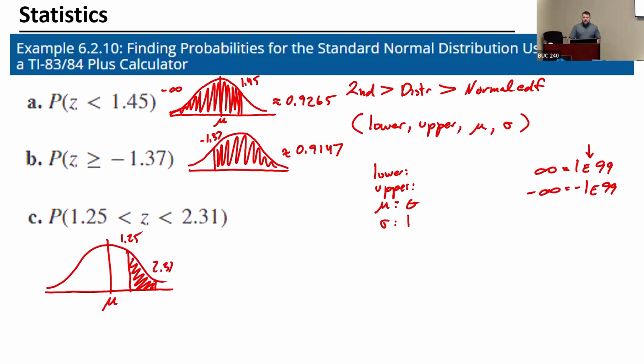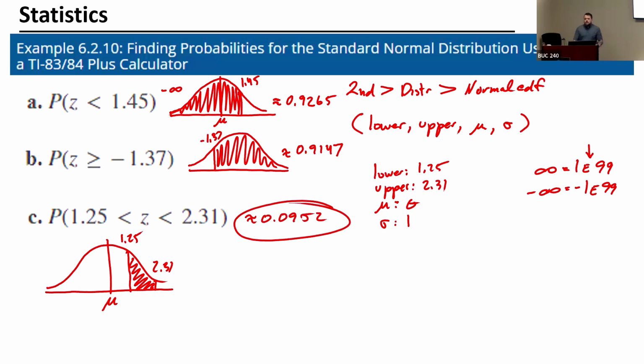So on this one, I won't be using any infinities. I have now bounded my area to 1.25 and 2.31. Hit calculate, and you should have gotten 0.0952. Everybody get that okay?